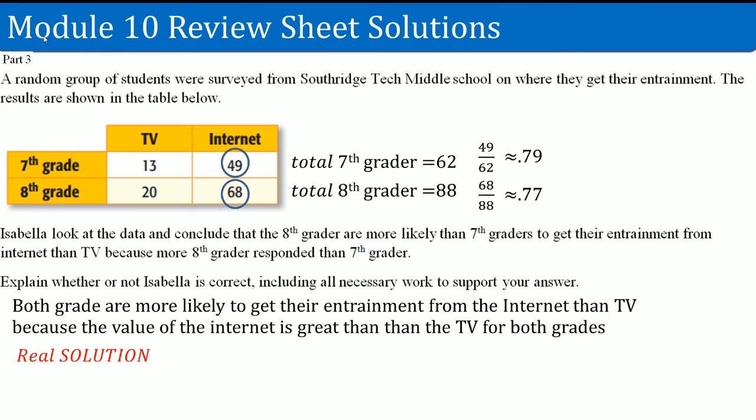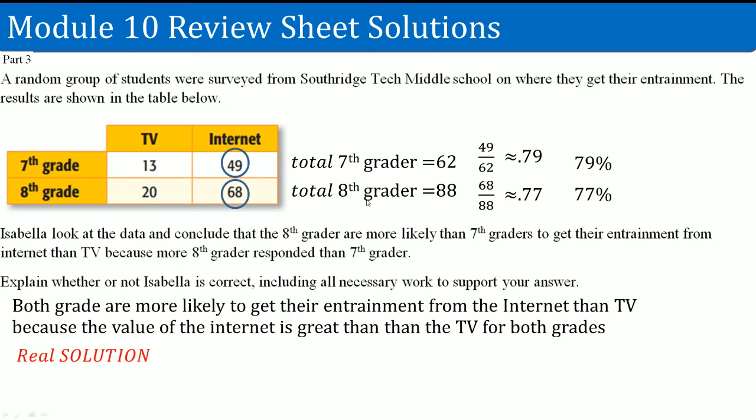Look, yeah, it's still 79%. If you're doing it on your calculator, it's roughly 0.79. 68 divided by 88 gets me 0.77. In percentage form, it looks like that: 79% and 77%.